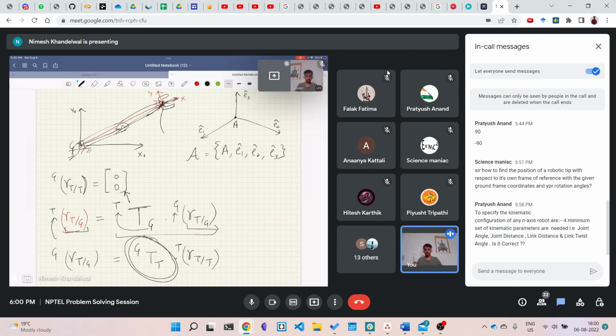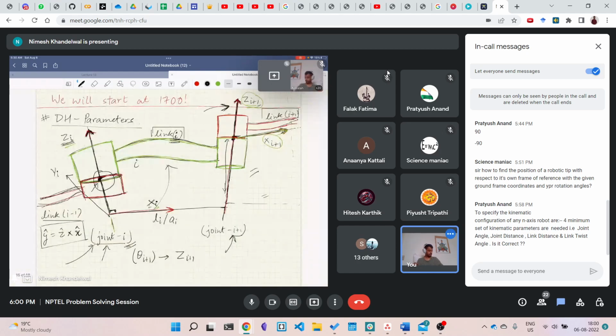What I had drawn here, I have constrained this green link at two places, and these constraints are in independent directions, right? Because Zi and Zi plus 1, do they intersect anywhere? No. So given this constraint, for link i I need 4 parameters.